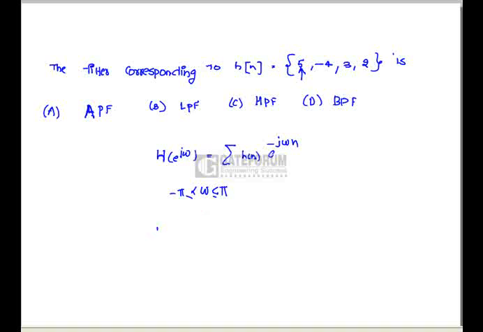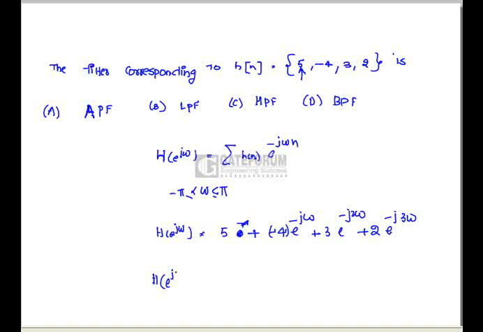So H of e power j omega equals 5 plus minus 4 e power minus j omega plus 3 e power minus j2 omega plus 2 e power minus j3 omega. If we substitute omega equals 0, then we will get 5 minus 4 plus 3 plus 2, which equals 6.